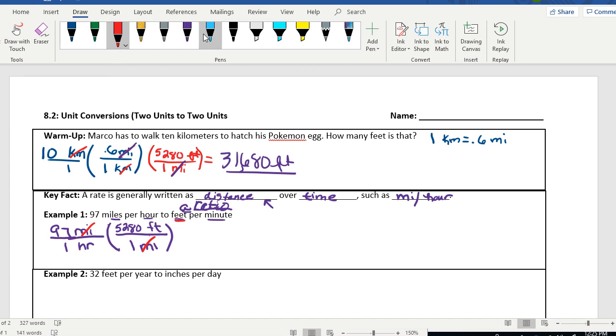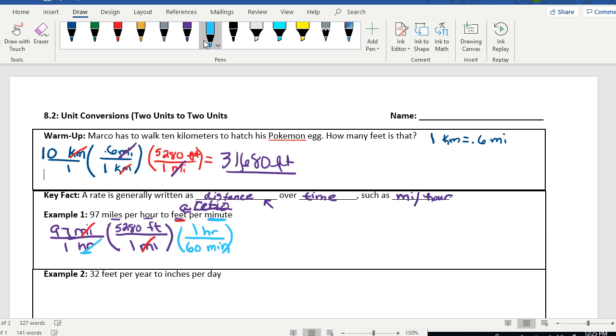Next thing I'm going to do is change my time unit because I'm needing minutes for time. So 1 hour, notice an hour is on the bottom. So I'm going to put 1 hour and change that into minutes. And I'm going to put 60 minutes on the bottom.